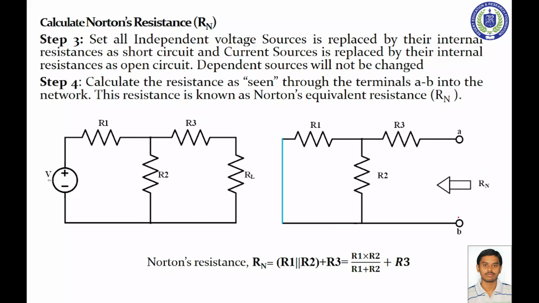Norton's equivalent resistance is seen from the load terminal, so open the load terminal and look in from there. According to this circuit, a voltage source is present, so the voltage source is short circuited, and we calculate the Norton's equivalent resistance. Here R1 and R2 are in parallel connection, and R3 is in series with this.